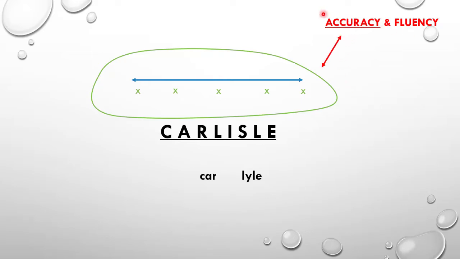Accuracy for single words, such as Carlisle, and fluency for spoken sentences. So it's very important to understand that all these five different variations of saying Carlisle in technical assessment would be considered equally legible, equally accurate, and thus equally correct.